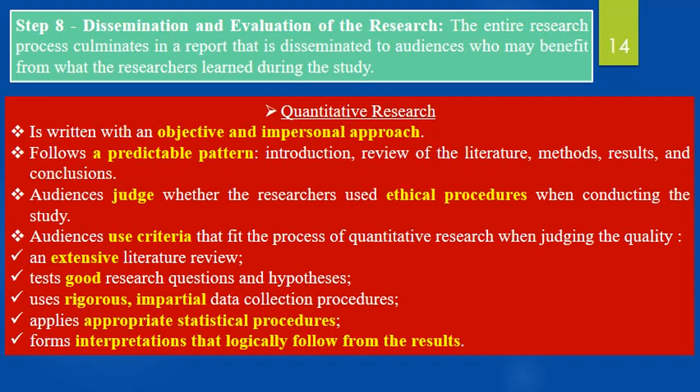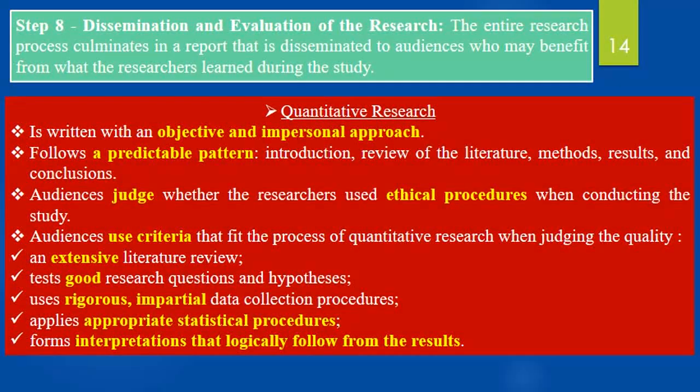When audiences evaluate a quantitative research, there are some basic standards that are applied to all forms of research. For example, audiences judge whether the researchers used ethical procedures when conducting the study.